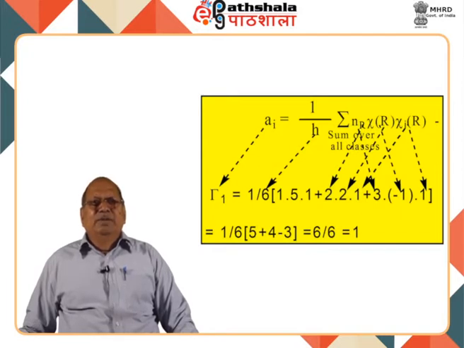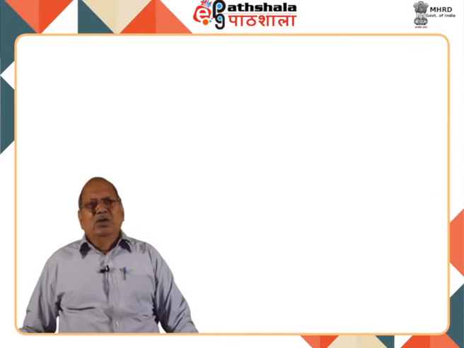That is, we have to take 1 by 6 within bracket number of operations in the class into the character for the reducible representation for operation R, and then the character of the ith irreducible representation for that operation. So, like this we have 1 by 6 into 5 plus 4 minus 3, that is 6 by 6 is equal to 1. Thus, tau 1 is present one time in tau F.